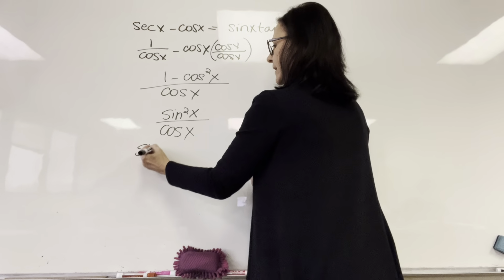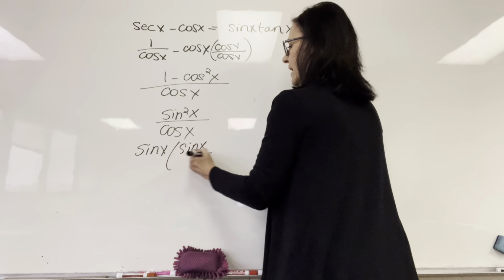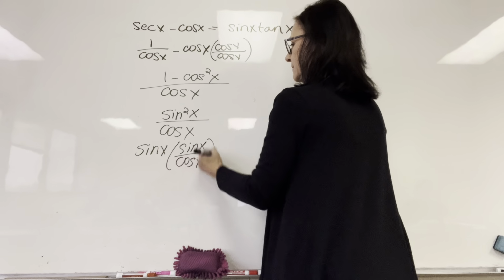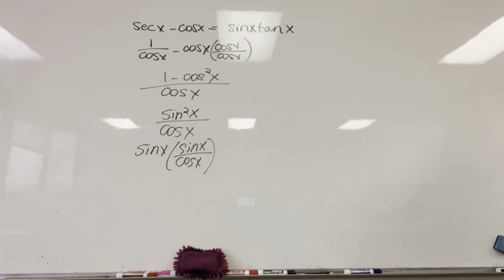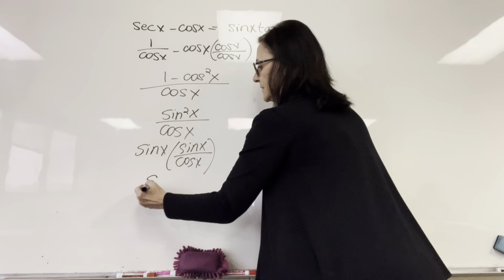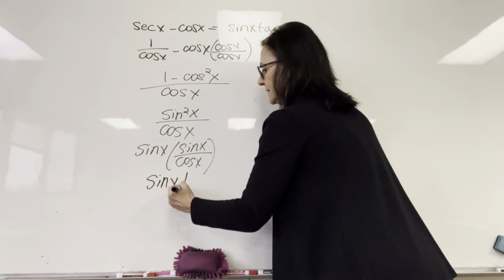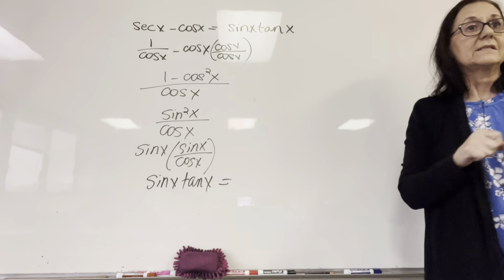Is that the same thing as the sine of x times the sine of x over cosine x? Yes, it is. So it's sine x tan x, and it does equal sine x tan x.